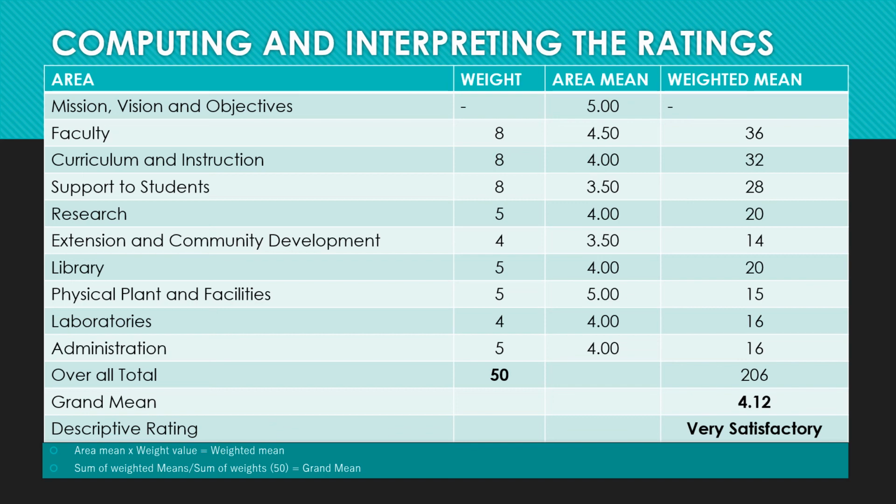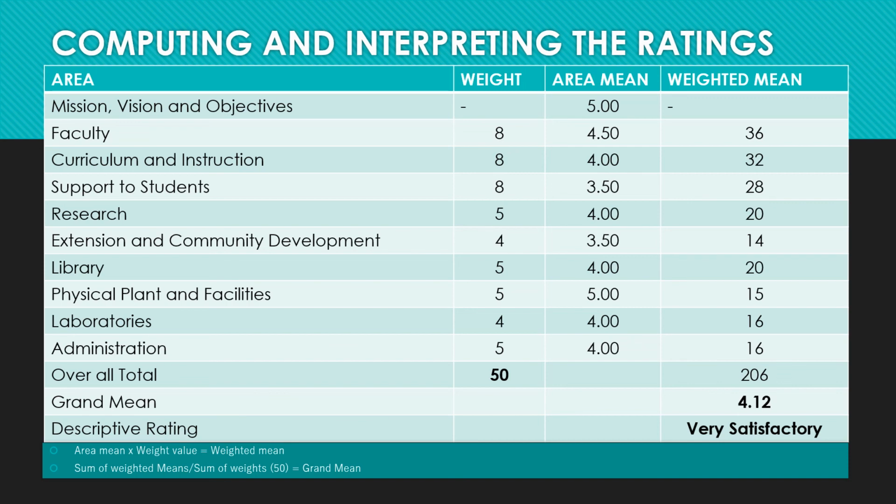Samantalang yung community extension and community development and laboratories ay 4 po ang weight niya with a total of 50. At kung mapapansin ninyo, yung vision, mission, and objectives, wala po siyang weight. Pero mahalaga na hindi tayo zero, bagsak doon, kasi may bearing din po siya.